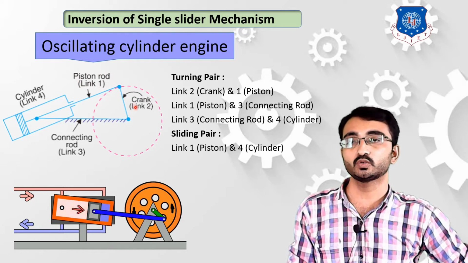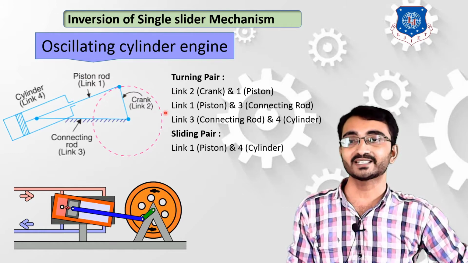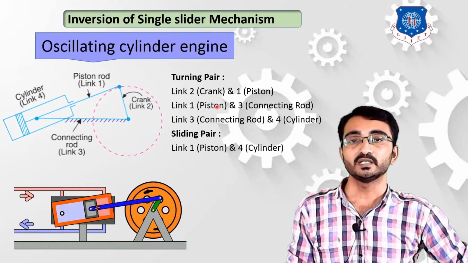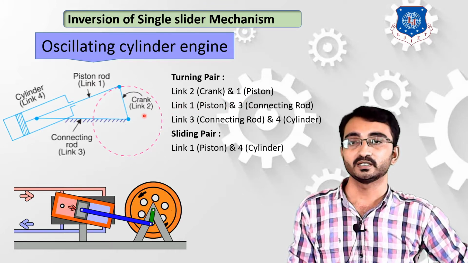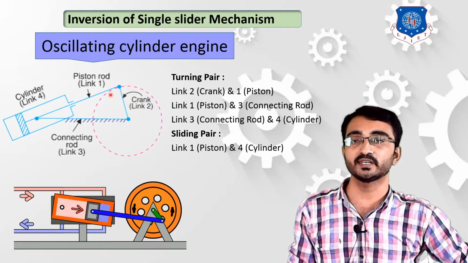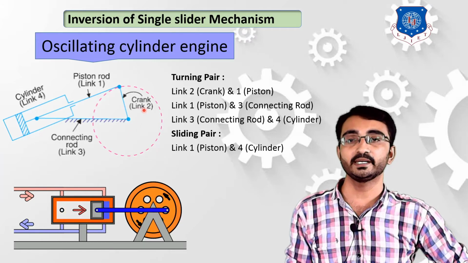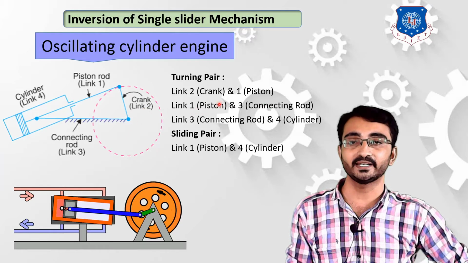So with respect to link number 2, link number 1 is turning. That is turning pair number 1. Next, link number 1 is connected with link number 3. With respect to this fixation, the crank is rotating or turning, so the combination of link number 3 and link number 2 produces the second turning pair.